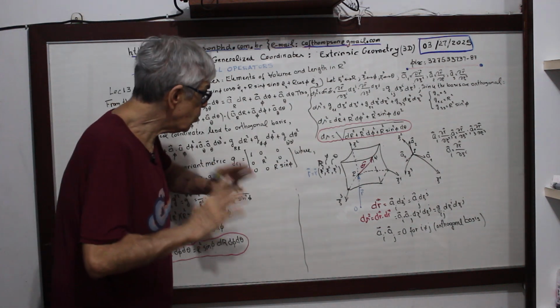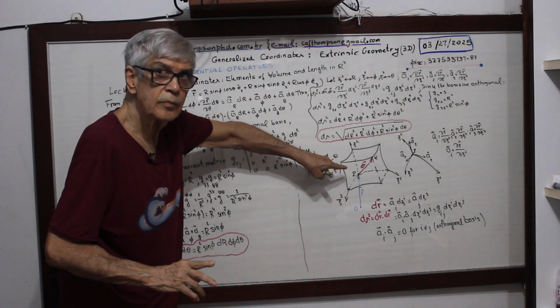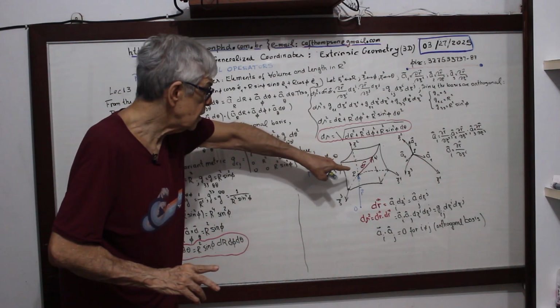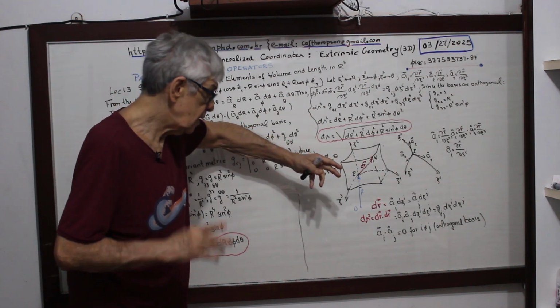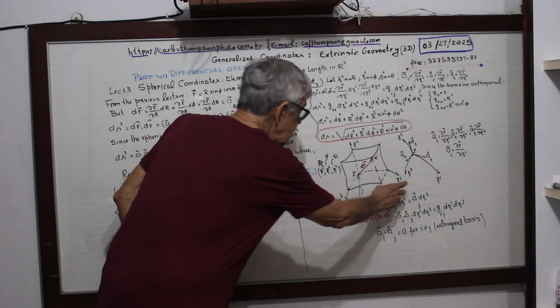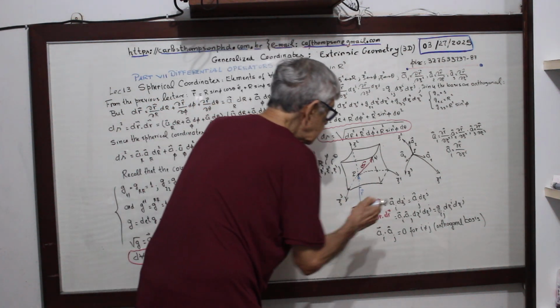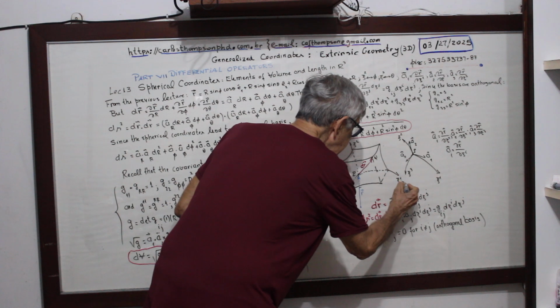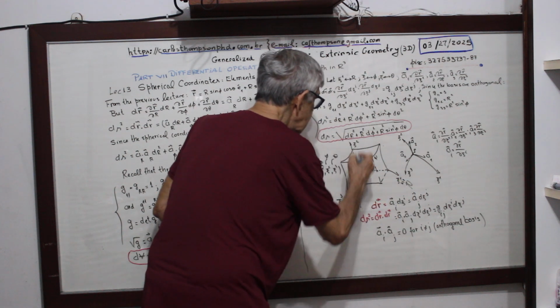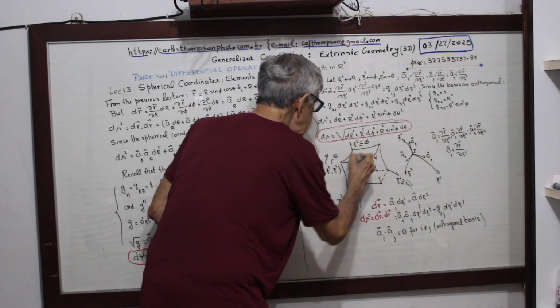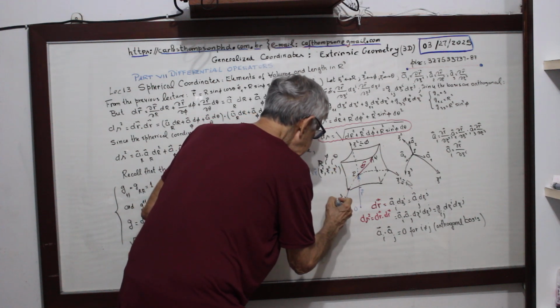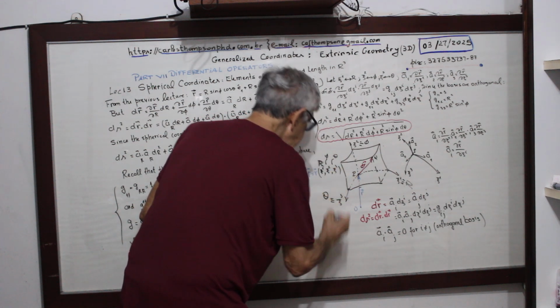Now always think about this figure over here, because again, C1 will be capital R, C2 is phi, and C3 is theta.